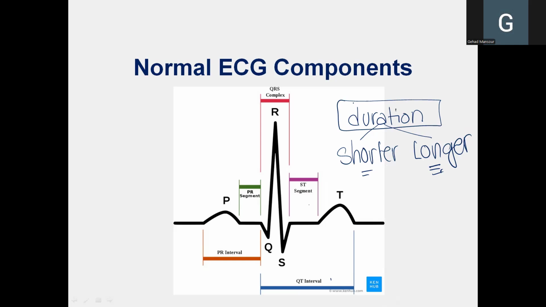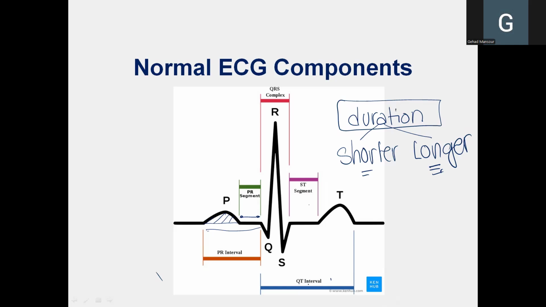So it's not about being longer only or about being shorter only. Both are abnormal. What makes us call this interval of time a PR interval? Because it consists of a wave, which is the P wave, as well as a segment, which is the PR segment.